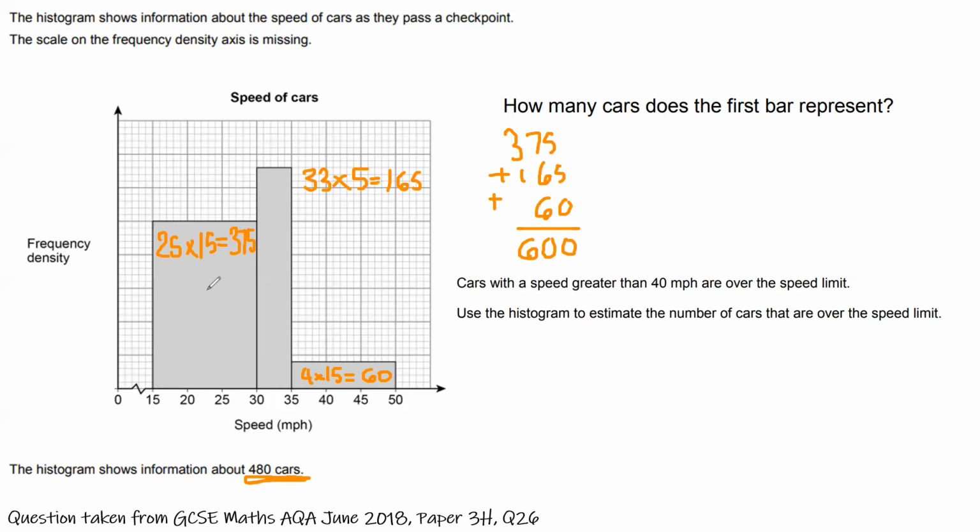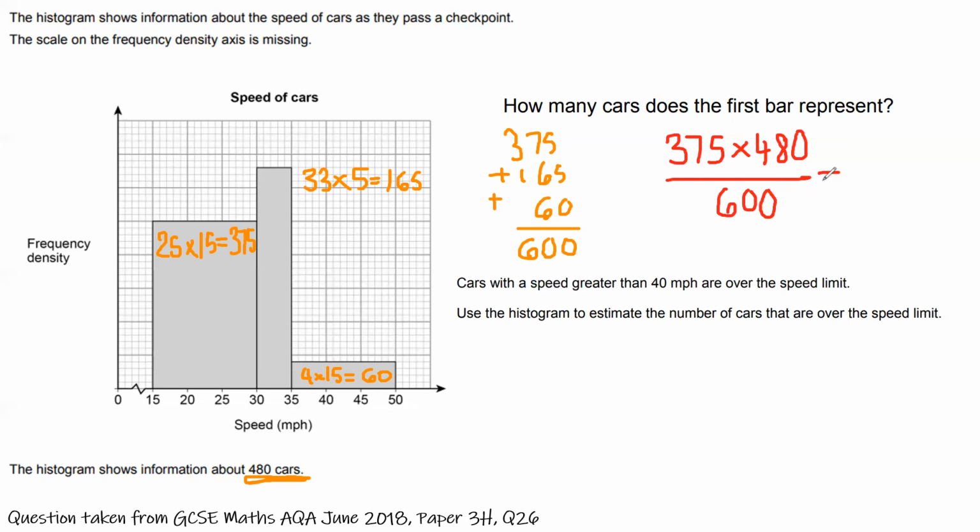So for each of these, we need to take the area of the bar, times it by 480, and then divide it by 600. I'm going to do it in a different color so you can see. The actual number of cars for the first bar will be 375 times 480, because that's the total number of cars we know we're counting, divided by 600, because 600 is the total area.